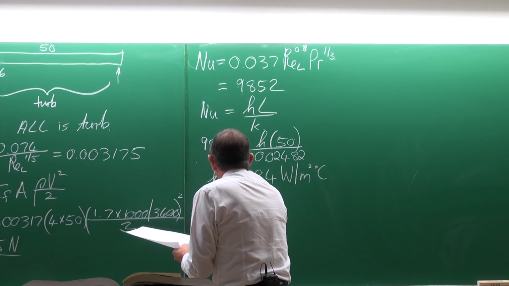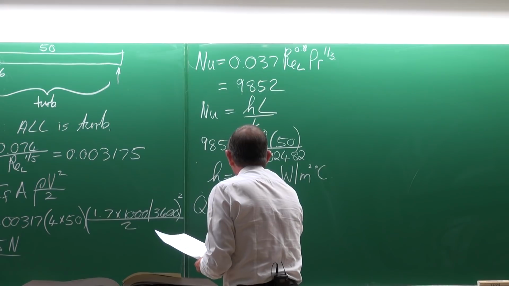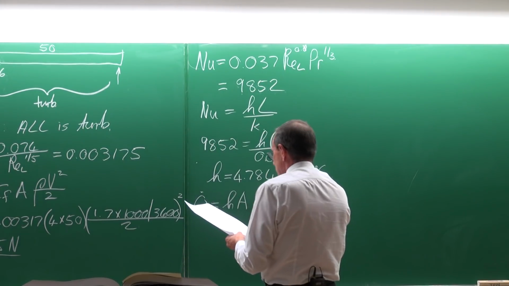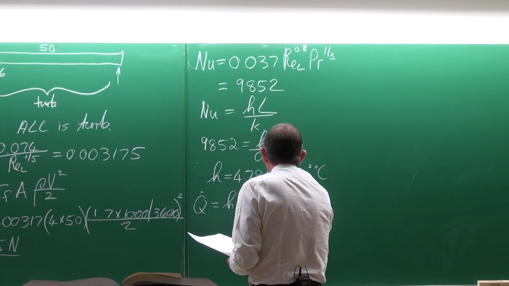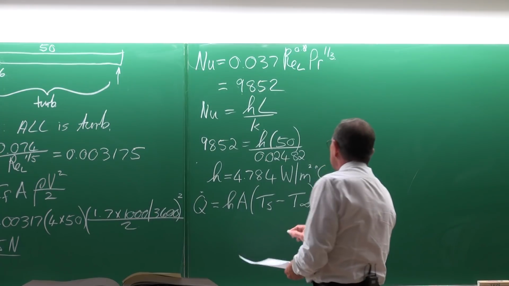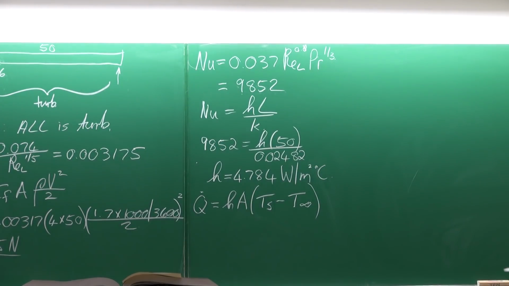The heat transfer rate is equal to the heat transfer coefficient multiplied by the area multiplied by the temperature difference, the temperature of the surface minus that of the wind. In this case, I write the temperature of the surface, which is 12 degrees first, in comparison with that of the wind, which is 5.